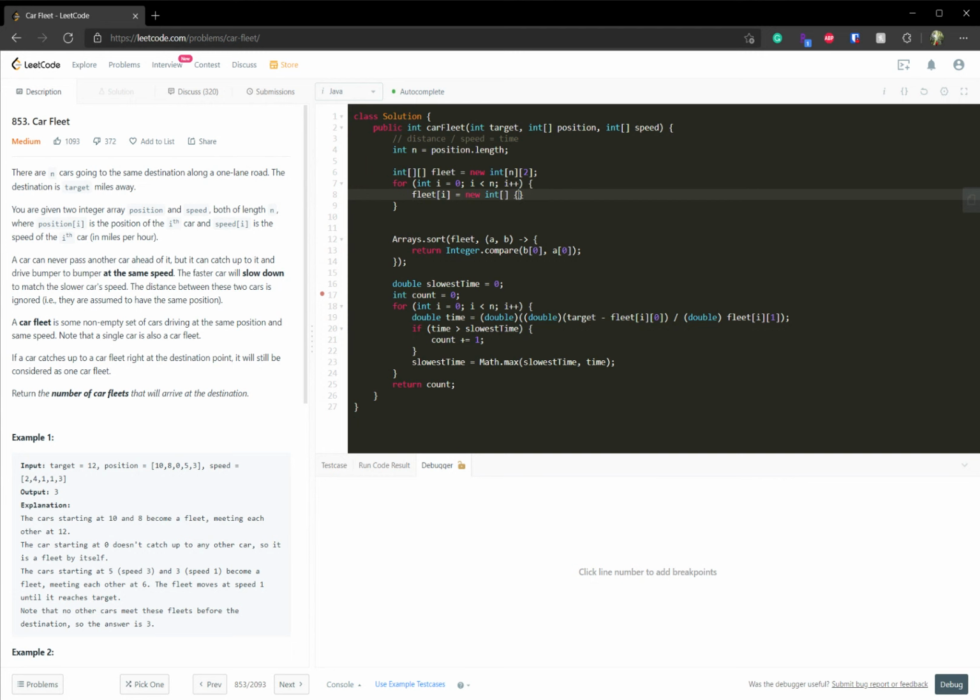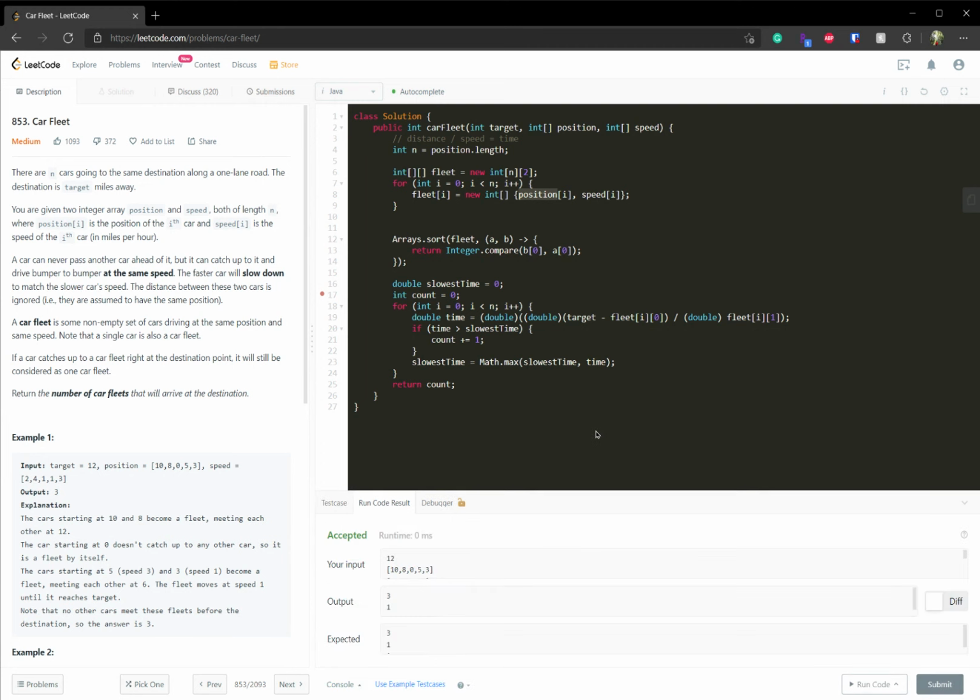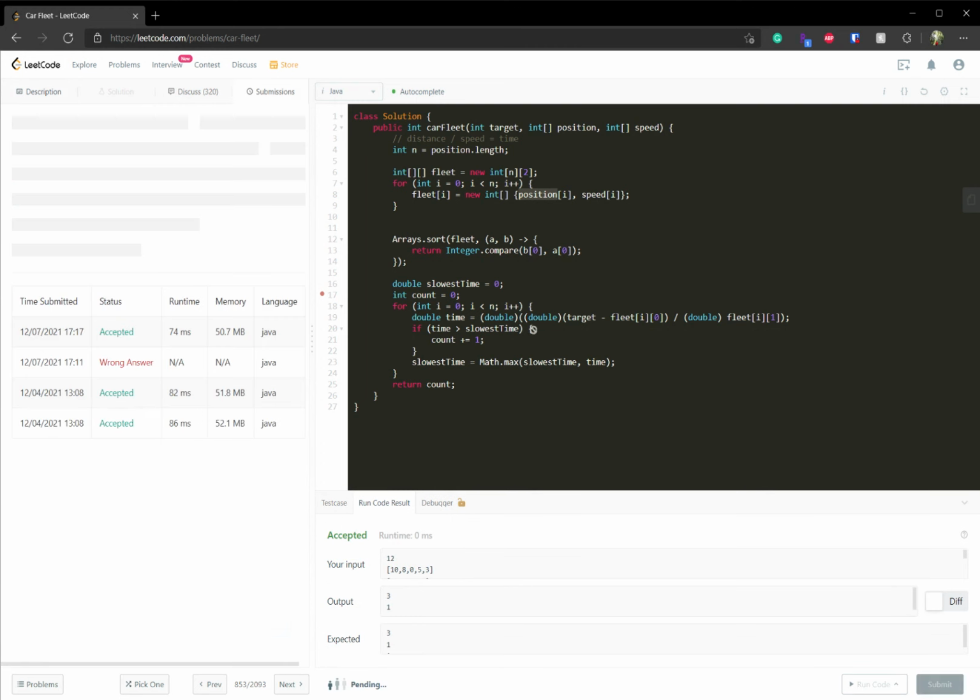So we'll have position i and also speed i. Position i, speed i. All right, cool.